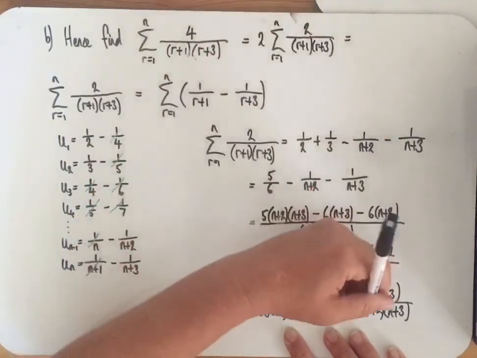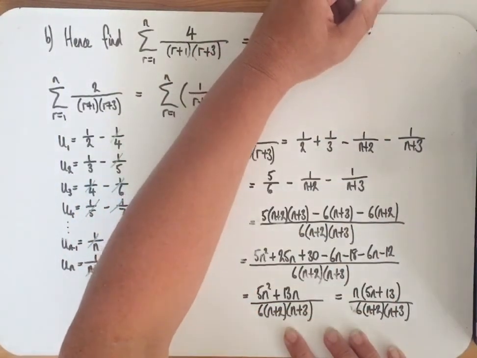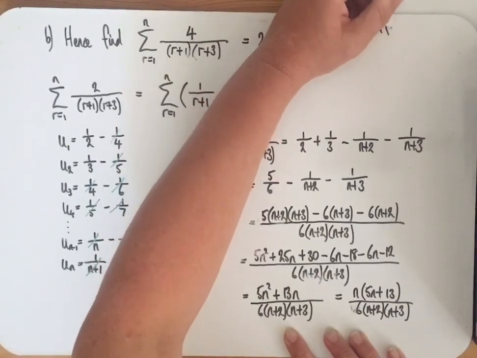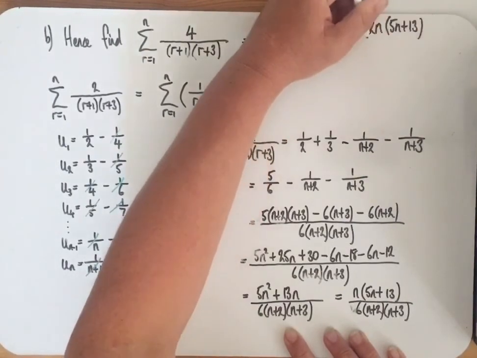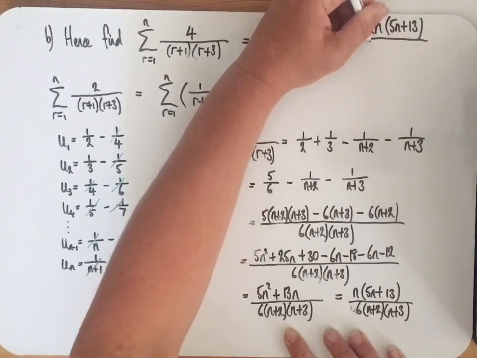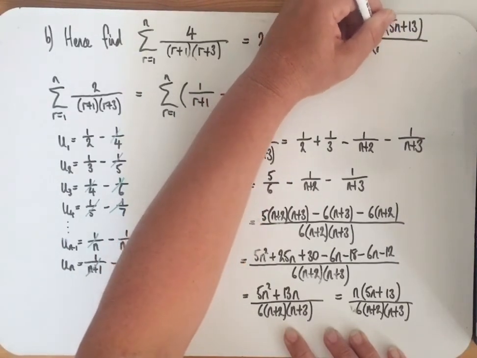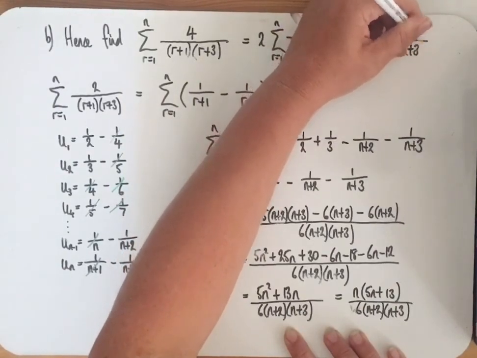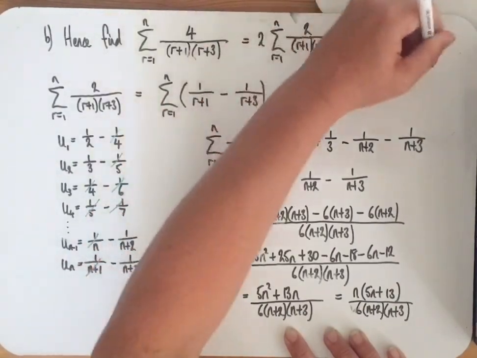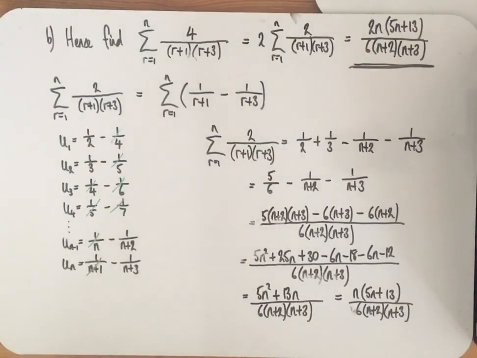And so if I times this by 2, that gives us our final sum. So it's just pulling all the bits together.